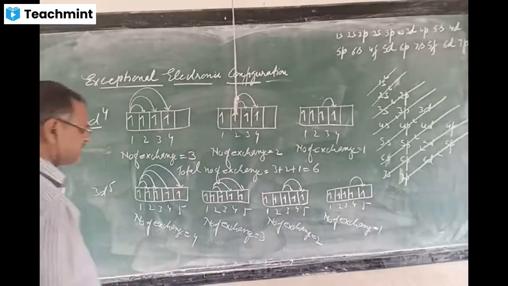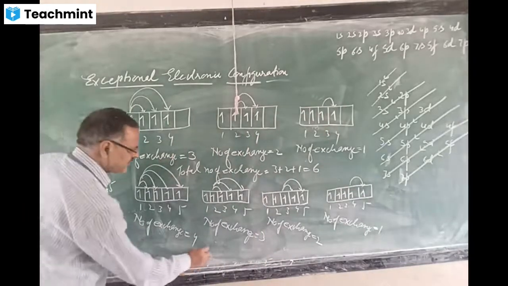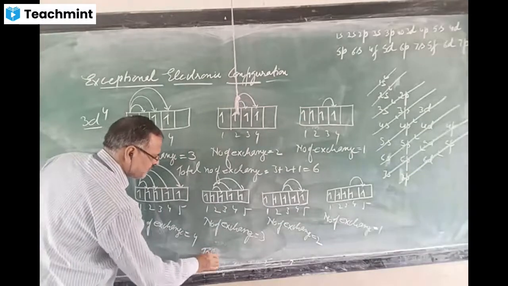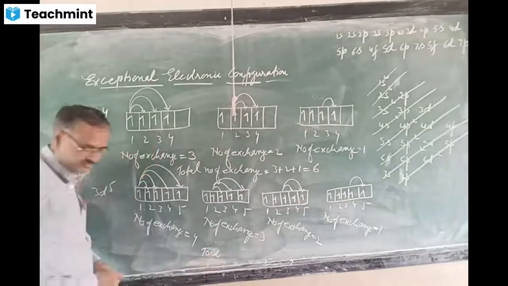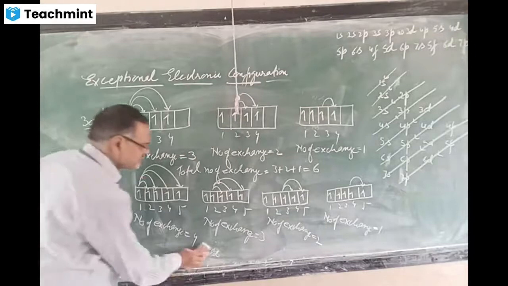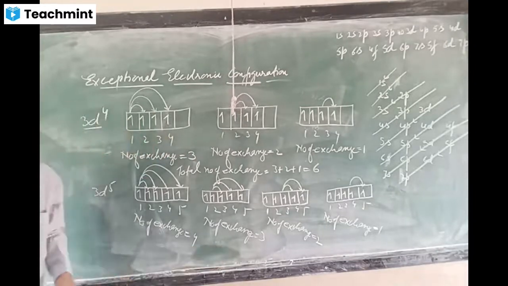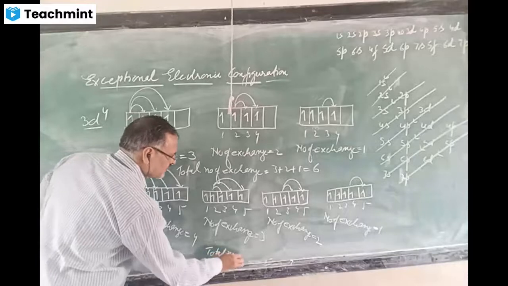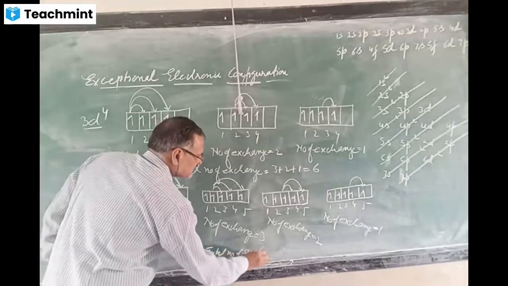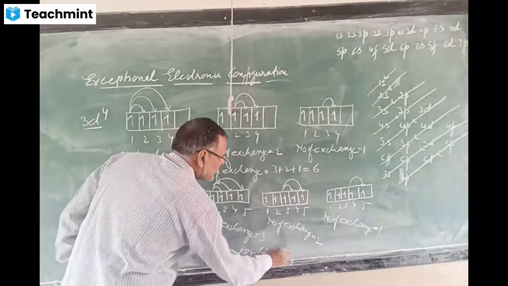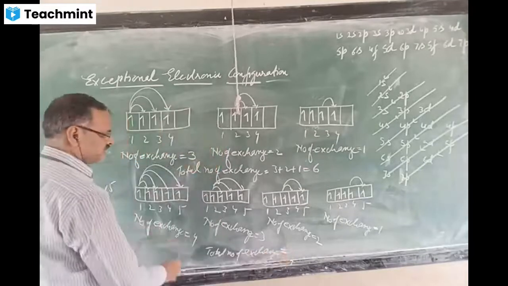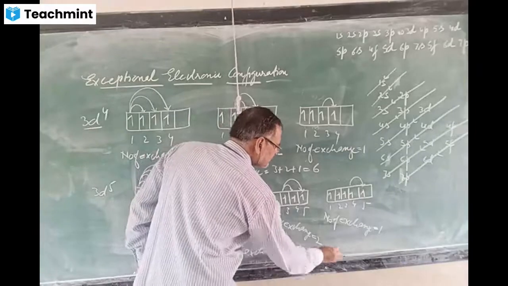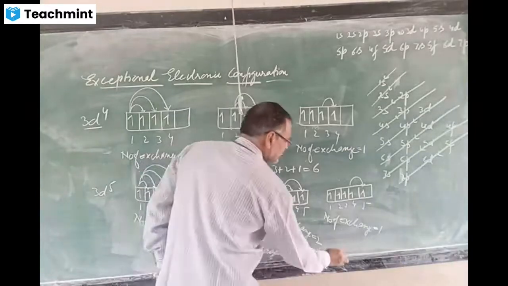So the total number of exchanges, just count it: 4 plus 3 plus 2 plus 1. 4, 3, 7, 10.